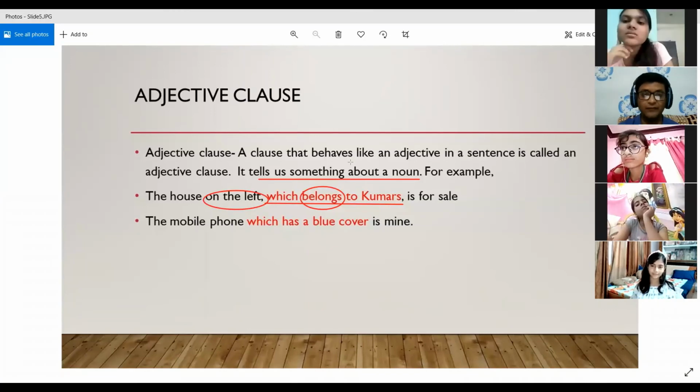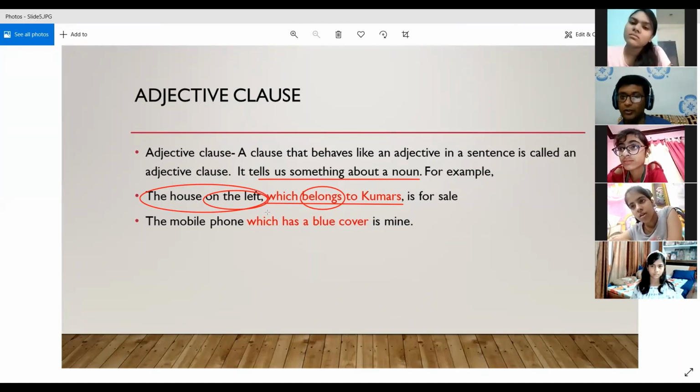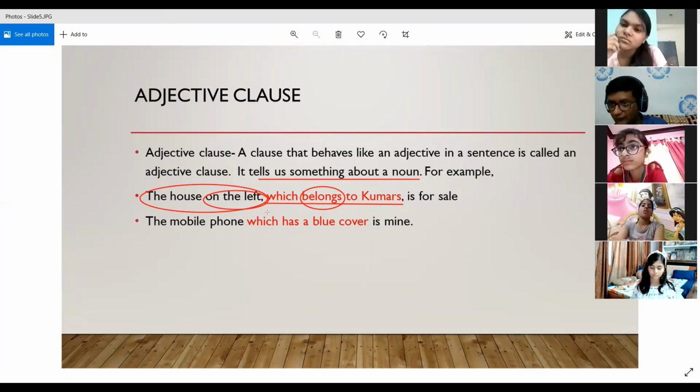Not the entire part. If we take the whole part, the house on the left, how will it be an adjective phrase? Then it will answer the question, what belongs to Mr. Kumar is for sale? Which thing that belongs to Mr. Kumar is for sale, right? Then the answer will be the house on the left.